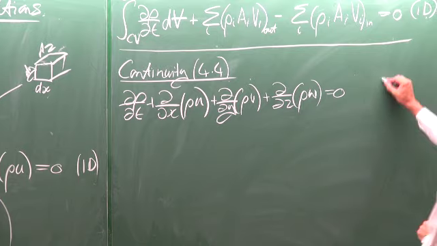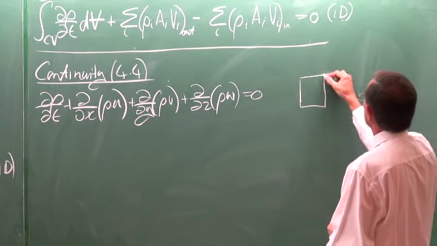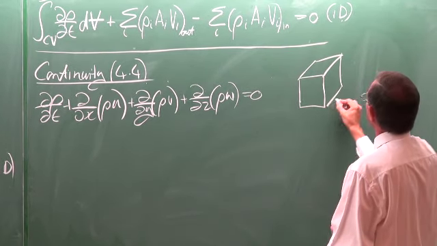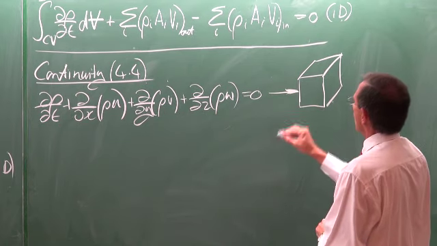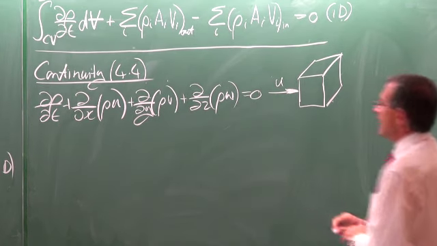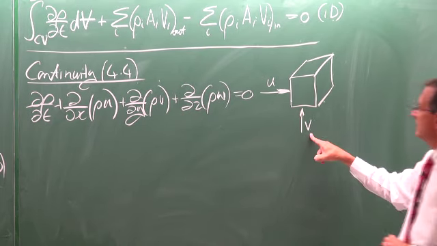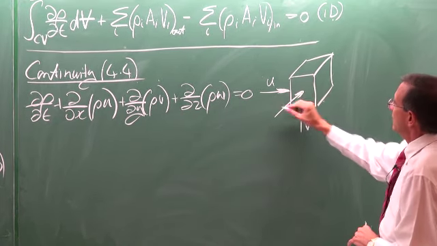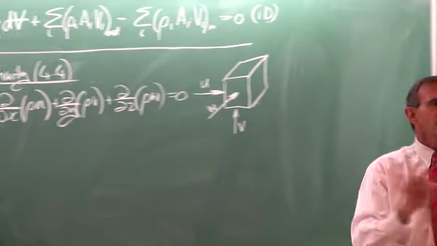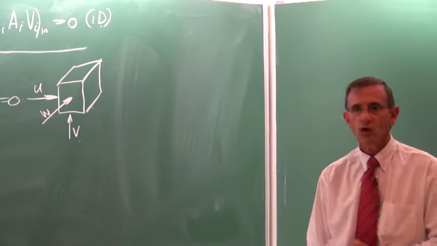Okay. So in the derivation of that equation, we've looked at that control volume, and we look at the velocities in the x direction, in the y direction, and in the z direction, going into and out of the control volume.